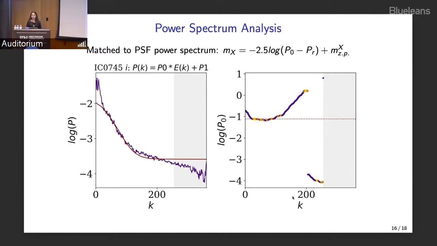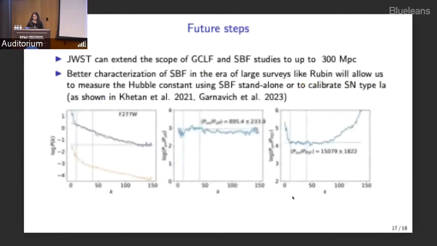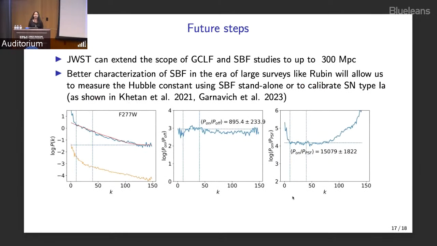We are still calibrating this for HSC and for CFHT, and our future step is to go and look at this SBF signal in the JWST frames. The signal is very much there. We can see that it's much higher than in the background frames, and what we need to do is go and calibrate it and make sure that we are not doing something spurious with the imaging itself.